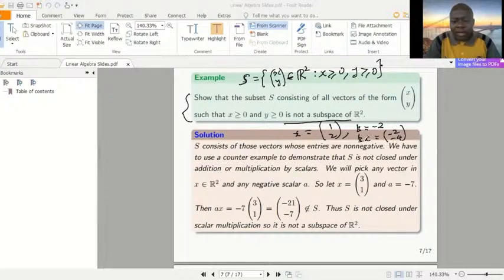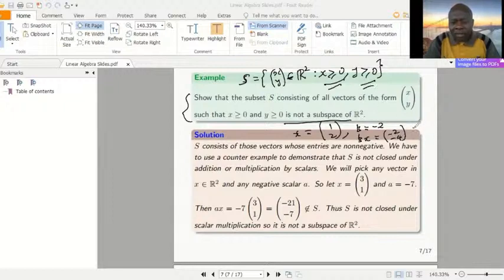Now, is this new vector in S? Let me check. Here my x is now negative 2, but I can see that negative 2 is not greater than 0. What about my y? It is not greater than 0 either.